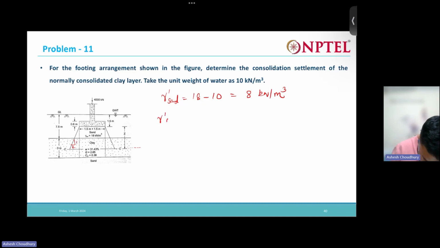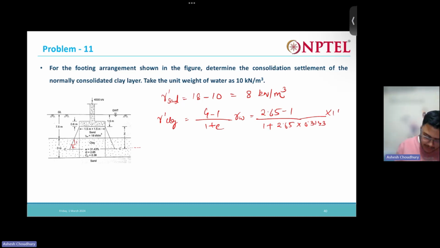And for clay, γ' = (G minus 1) over (1 plus e) times γw, so (2.65 minus 1) over (1 plus e), where e = G w = 2.65 into 0.3143, times 10. So this will be 9 kilonewton per meter cube.